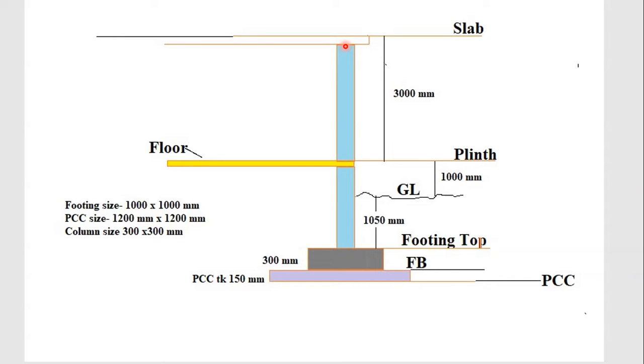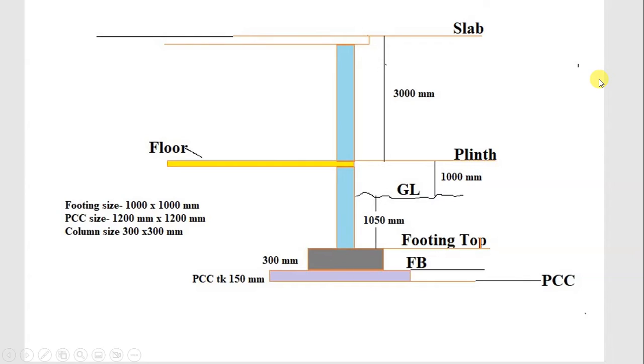So we will follow the same process. First we will place a column from slab to plinth level and then from plinth to footing top level, and then we will construct or draw footing and then PCC.